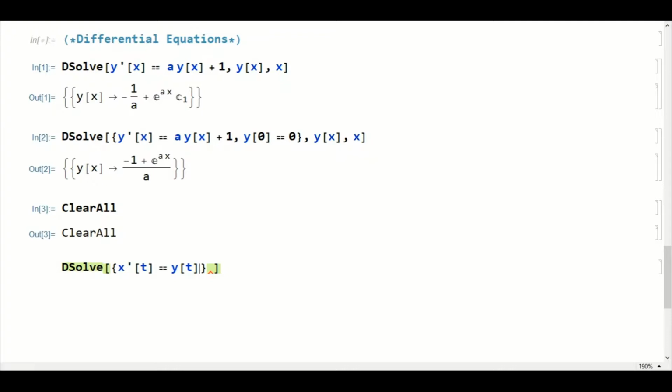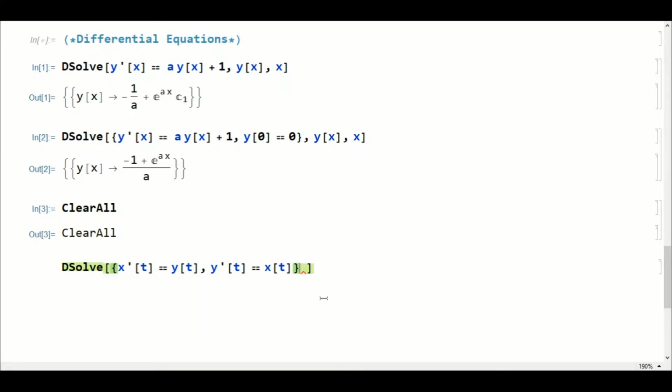Then the other equation is y'(t) equal to x(t). So you can see that there are two differential equations, dx/dt is equal to y(t) and dy/dt is equal to x(t).